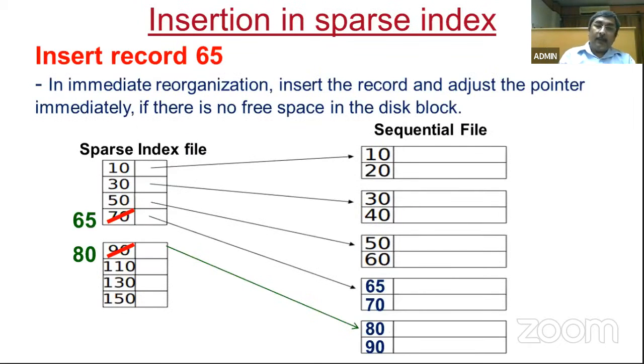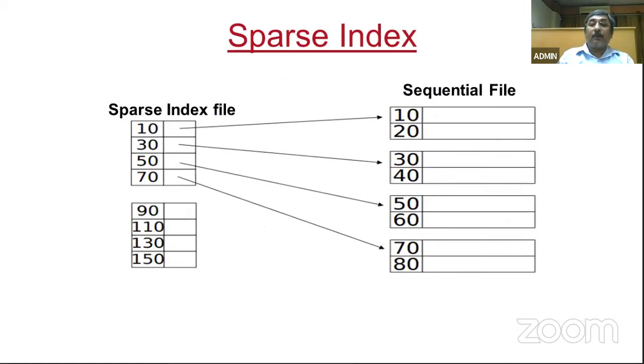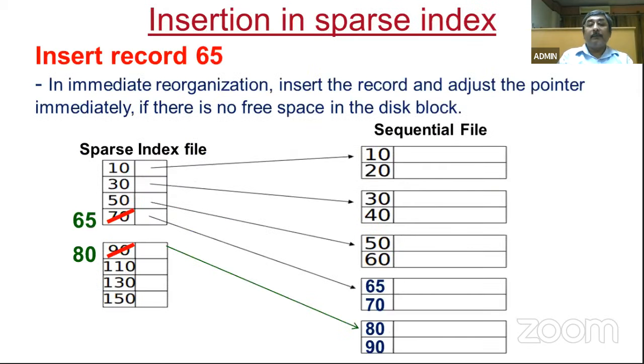One is that in this block 70, 80, I shift 80 to a new block, and before 70, I put 65, and then another block may be created as 80, 90, whatever.